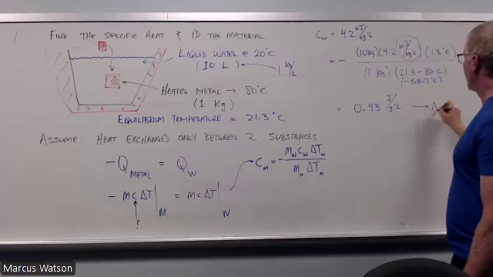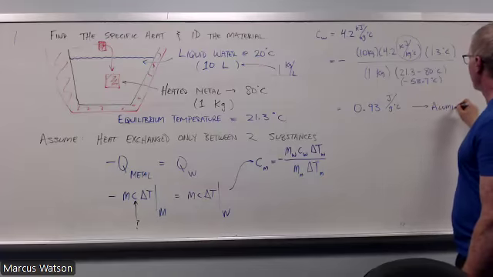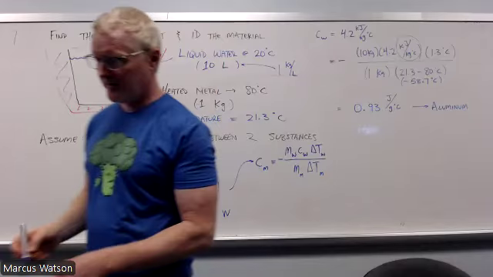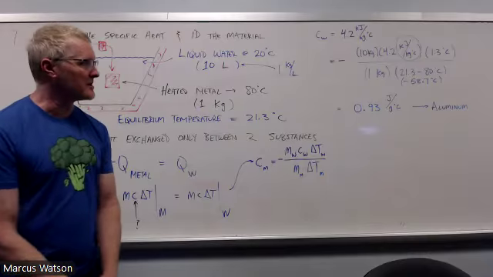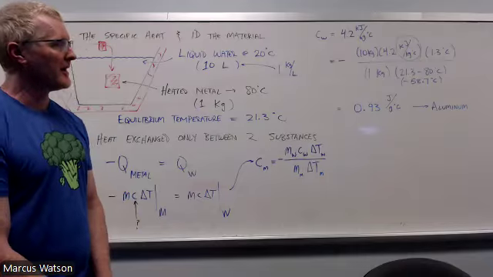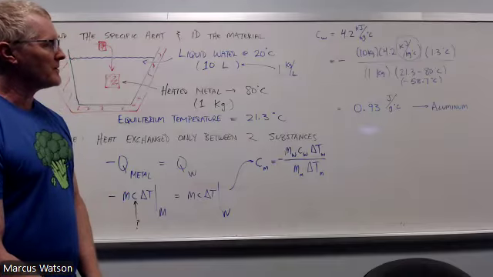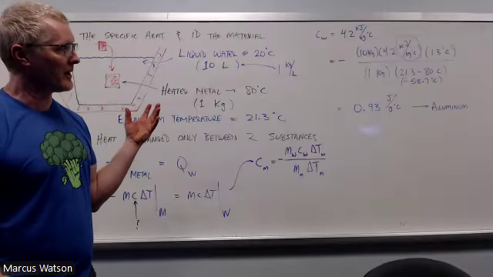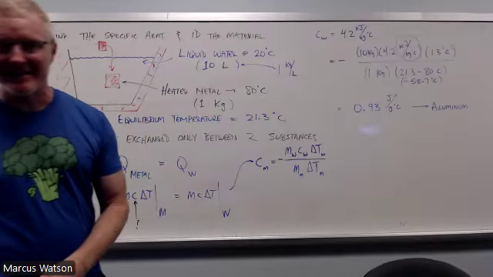And so we look up in our table, and as I mentioned by slipping up beforehand, that is in fact the specific heat of aluminum, which is 0.93, or if you like, 930 joules per kilogram, et cetera. So we can identify the material by doing a quick experiment like this, which is known as calorimetry.